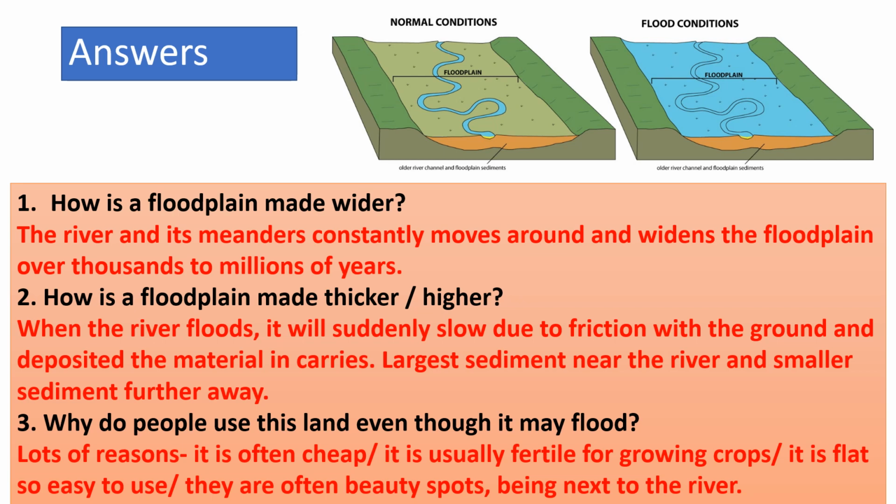Well, each time the river floods, it will suddenly slow. The river is flowing really fast when it's nearly flooded, as there's lots of water in the river, and then it spreads. When it floods and bursts its banks, it spreads out over a large area, which increases the friction dramatically with the riverbed, and so slows that water down, which means that it doesn't have a great capacity or competence to carry the rocks that it is carrying and the silt that it is carrying.